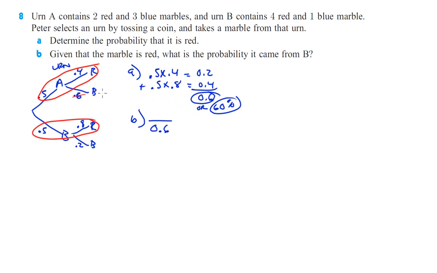We don't care about these down here at all. So that's the 60% that we just figured out, right? So what's the probability now that it came from B? B was 0.4. So it should be 0.4 out of 0.6, right? Which ends up being 0.667, or 66.7%, which is really 2/3. So any one of those is just fine.